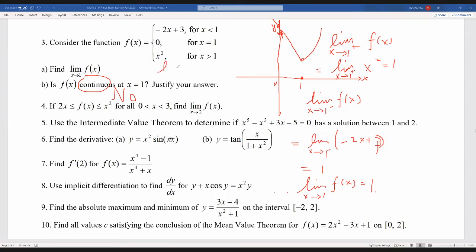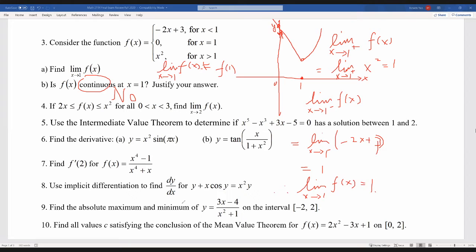The reason is that the limit of f(x) as x goes to 1 is not equal to f(1). Why not equal to f(1)?